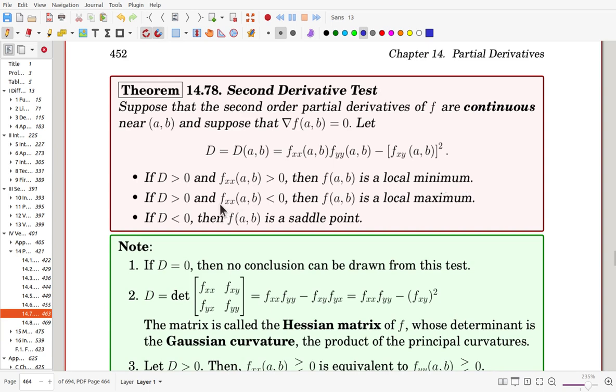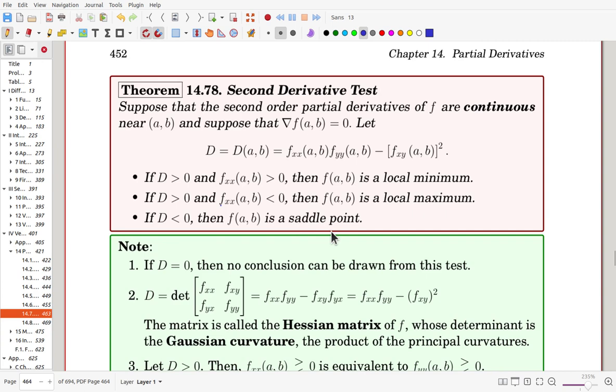If f sub xx is negative, then f at (a, b) is a local maximum. But this is true only when D is positive. Because a function has more than one direction, we need this condition. We'll see the meaning. If D is negative, then f at (a, b) is a saddle point.